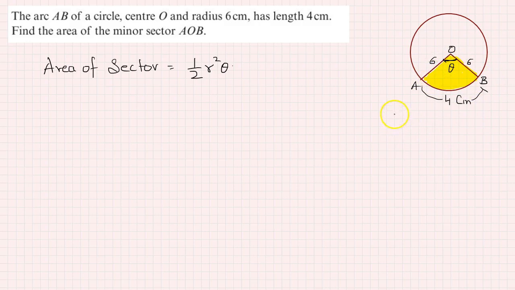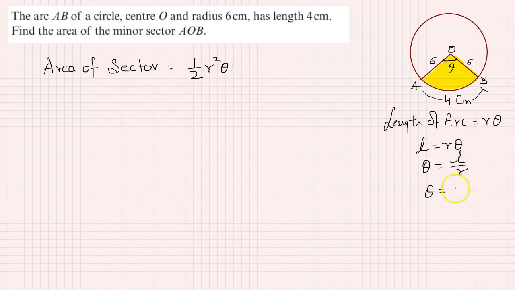Now we know that the length of an arc is equal to r theta. It means L is equal to r theta. So from here theta will be L over r. So theta will be L is 4 over r is 6. So that is 2 over 3. So this theta is 2 over 3 radian.